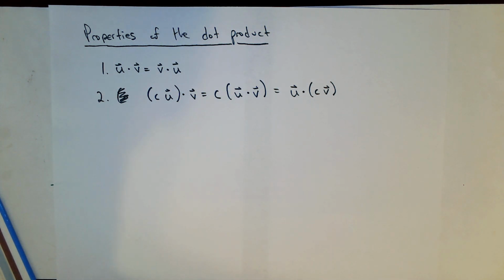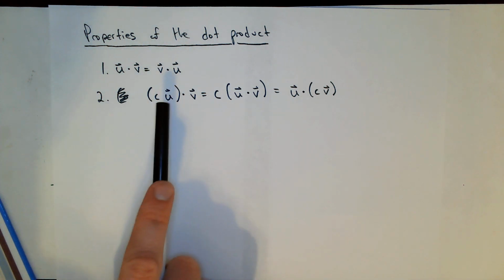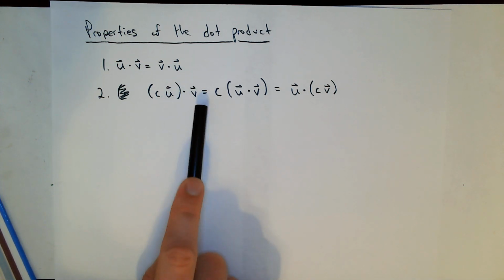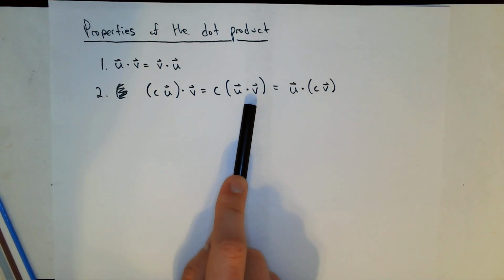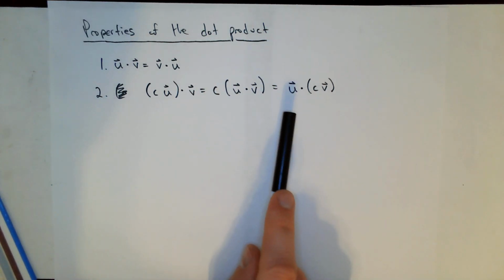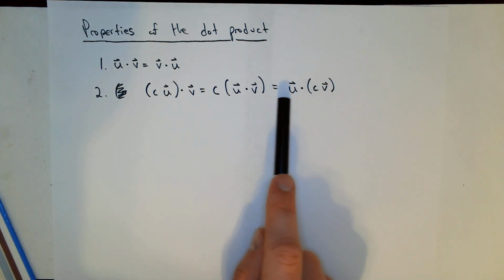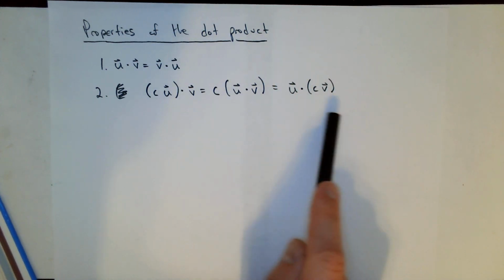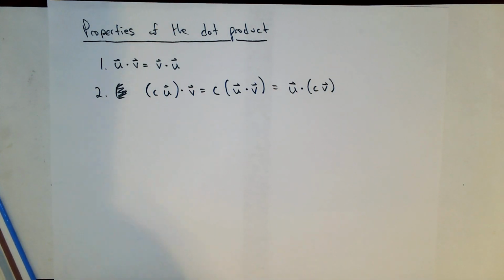You can stick the scalar on the first vector and then take the dot product, or take the dot product and then get the scalar involved, or put the scalar on the other vector and then do the dot product. It doesn't matter. That scalar can commute wherever it wants to. That is what that is telling us.